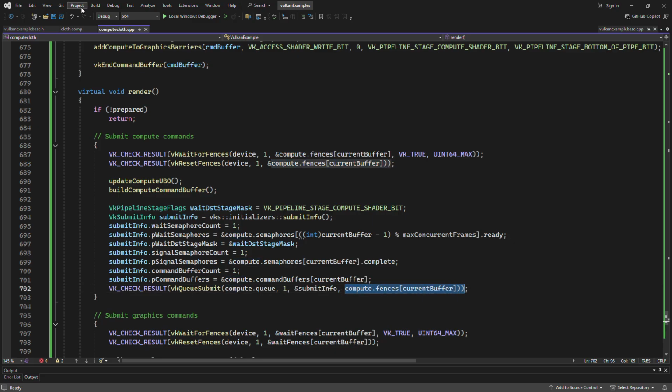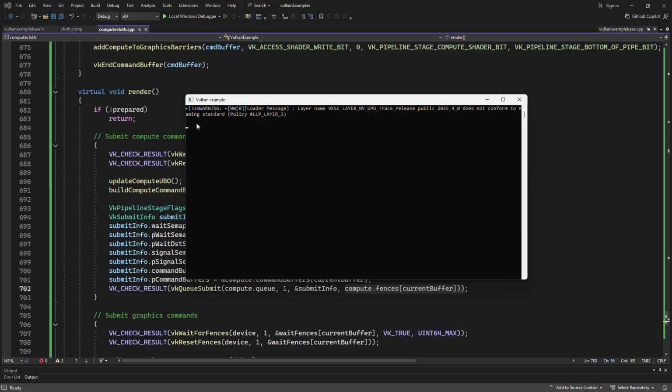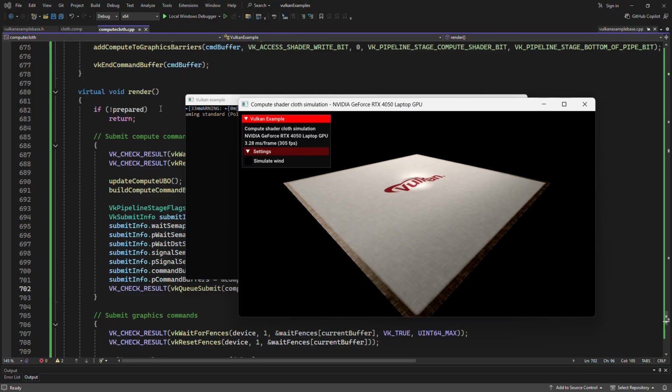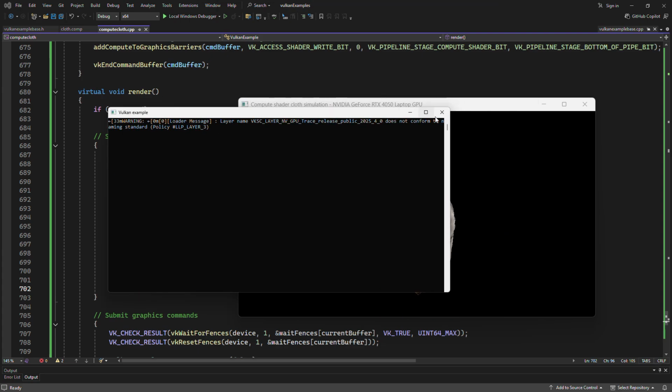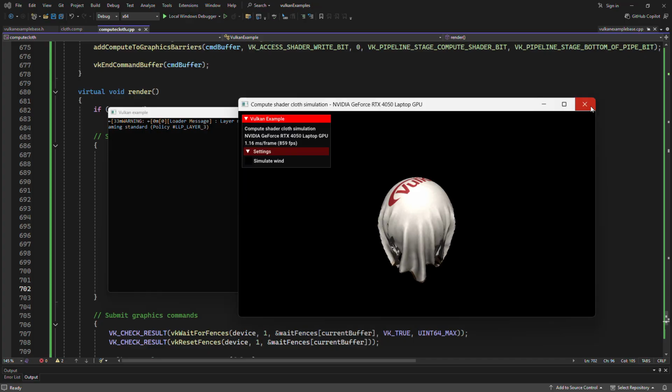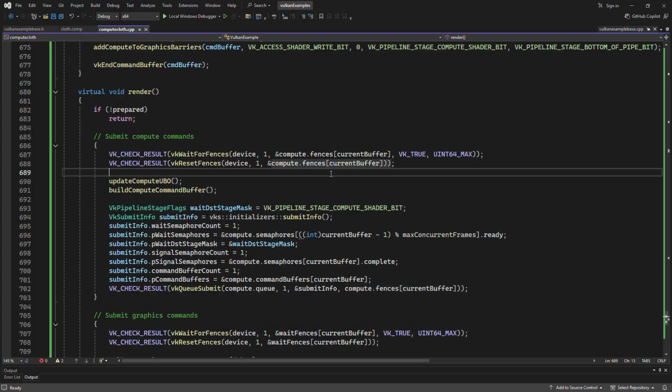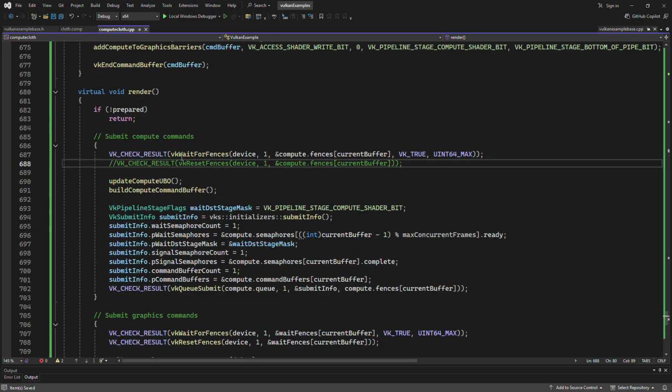So if we run our application, we see that we get no errors, right? We just get this thing, which is a conversation between Vulkan and NVIDIA, okay? So we get no errors. But let's say we refuse to reset the fence, just on the compute side.